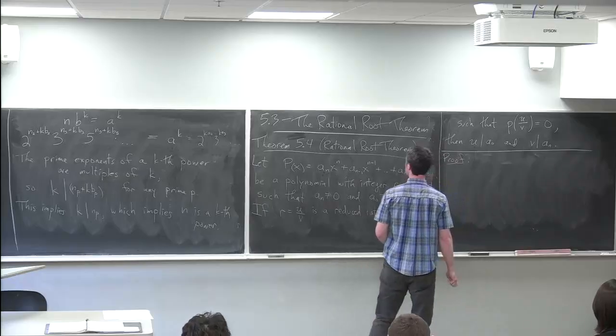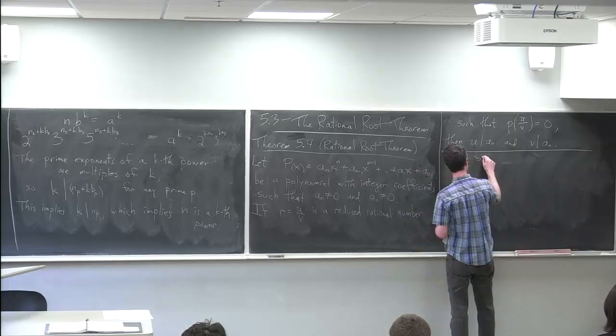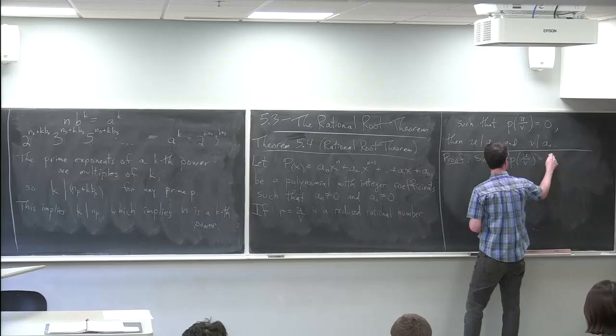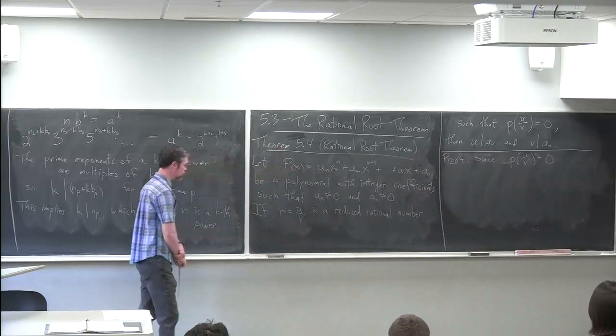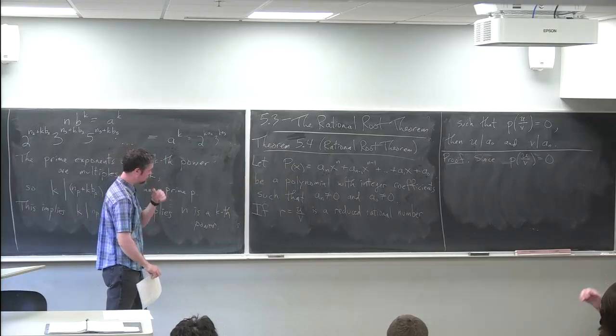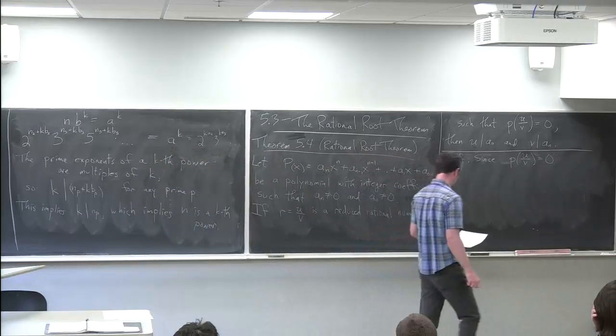All right, so the starting point is this. We're assuming we have a rational root, so that when you plug it into p, you get 0. So we just plug it into p and set it to be 0.